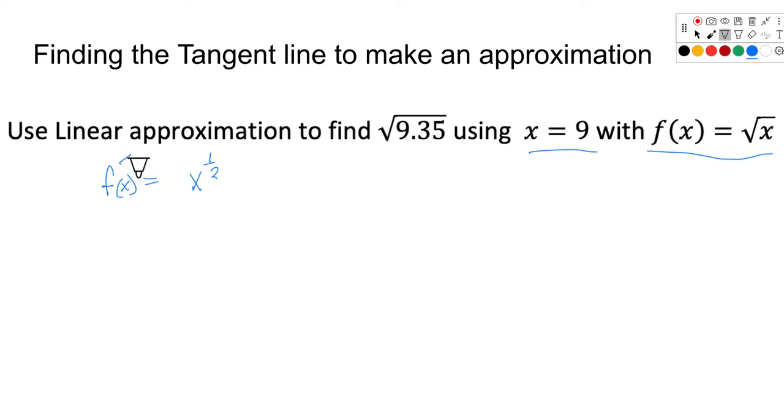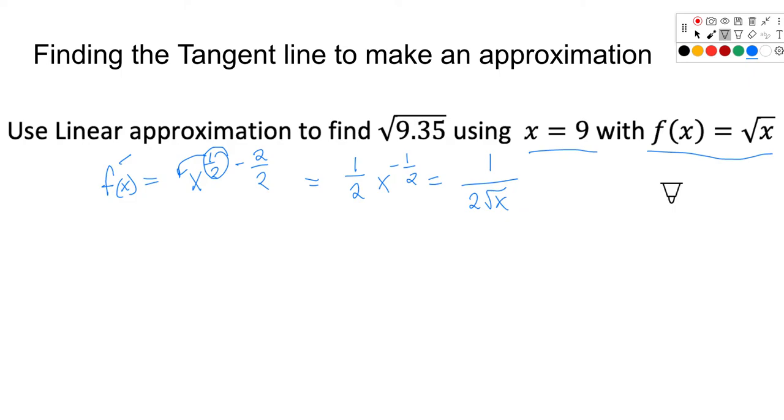If we want the derivative, we bring the 1/2 down and subtract 1 from the exponent, right? So that gives us 1/2 x to the minus 1/2, which we can rewrite as 1 over 2 square root of x. So that's its derivative.